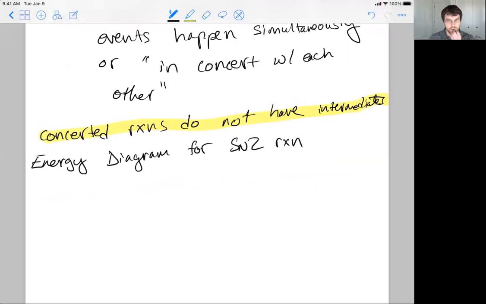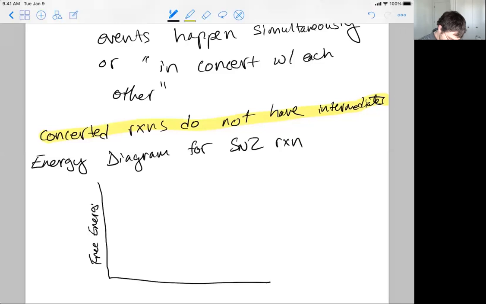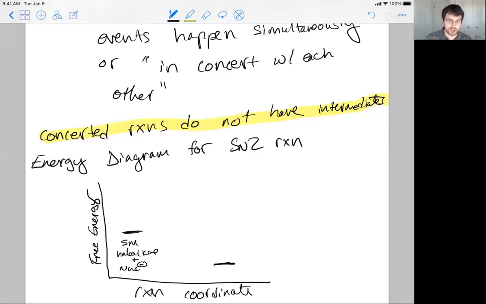So the energy diagram for the SN2 reaction: if you recall, we have free energy along the y-axis and reaction coordinate along the x-axis. We've got starting materials, which is mostly our haloalkane and the nucleophile, and we generally have an exothermic process with SN2 reactions.